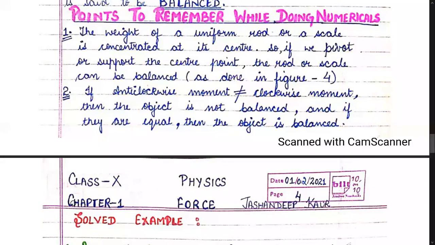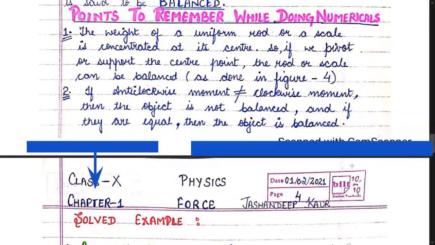What does it mean? It means that if you have a ruler of 15 centimeter, its weight is acting at 7.5 centimeter. If you have a scale of 30 centimeter, the bigger scale, then its weight will be acting at 15 centimeter. That is the central point.